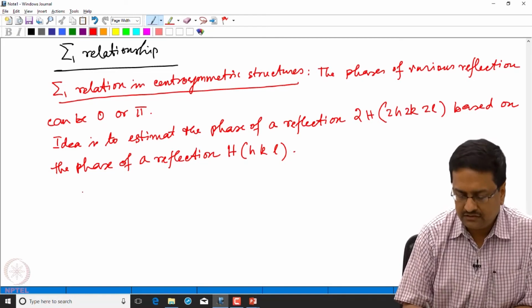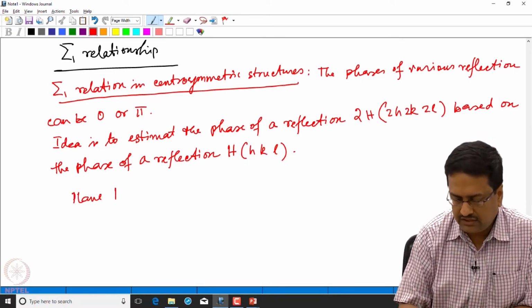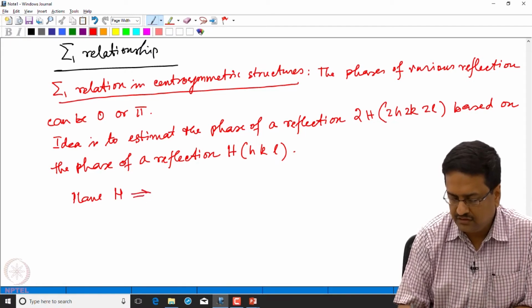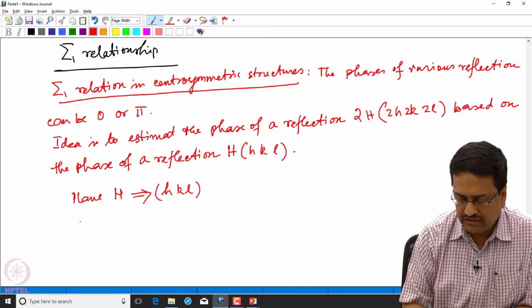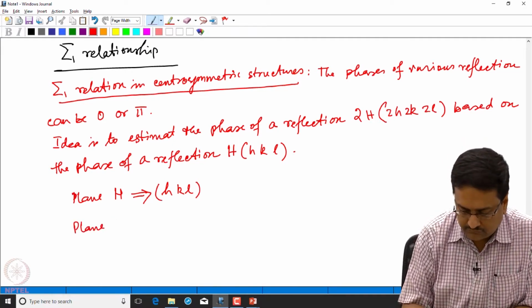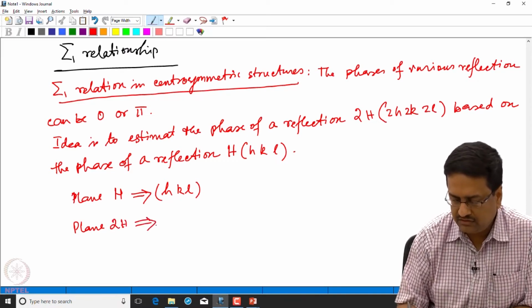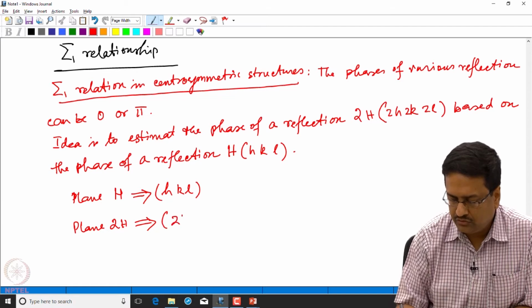So when we write the plane h, it means we are talking about the plane hkl. When we write the plane 2h, we mean that the plane is 2h 2k 2l.